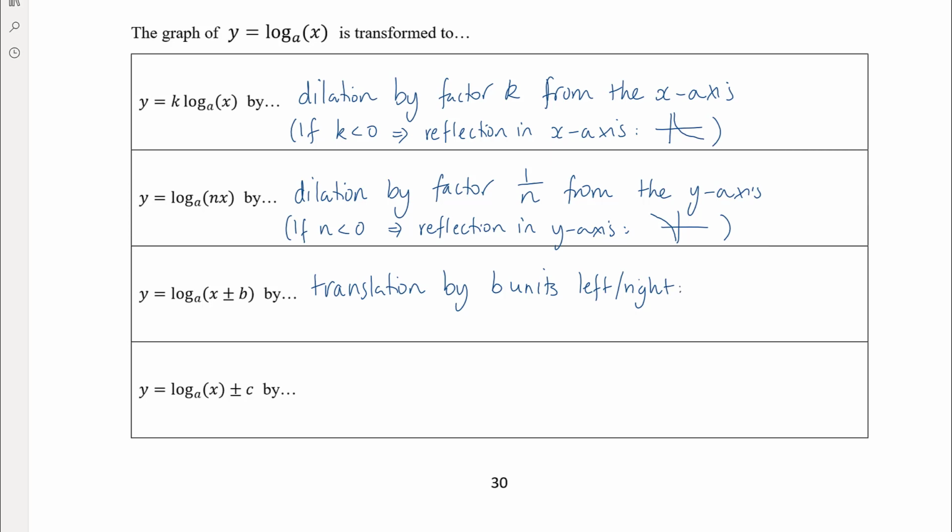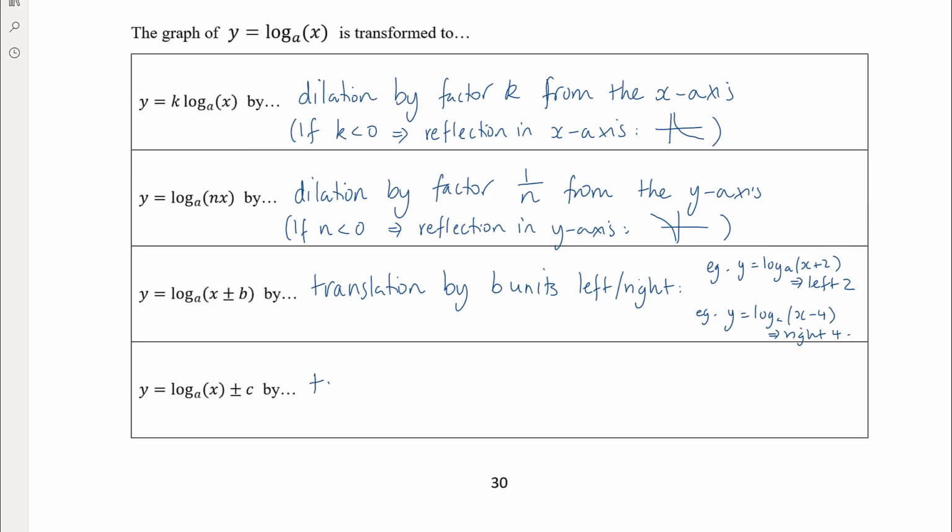So for example, if we had y equals log base a of x plus 2, this would mean to the left by 2. If we had y equals log base a of x minus 4, we would be going to the right by 4. And that's obviously going to change the asymptote.